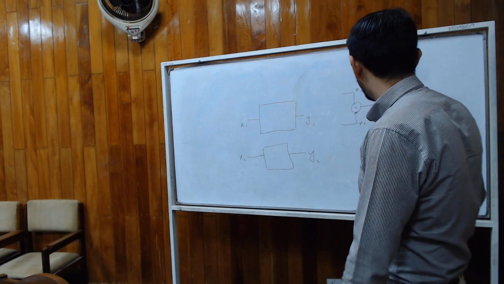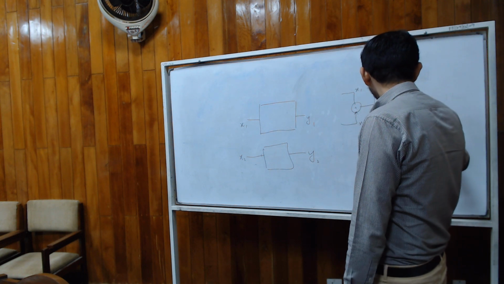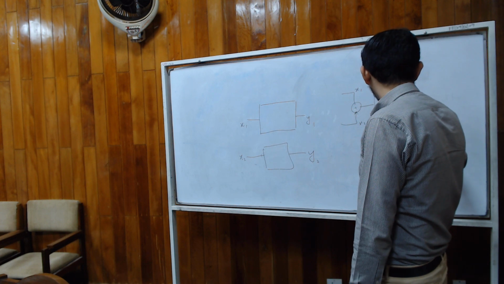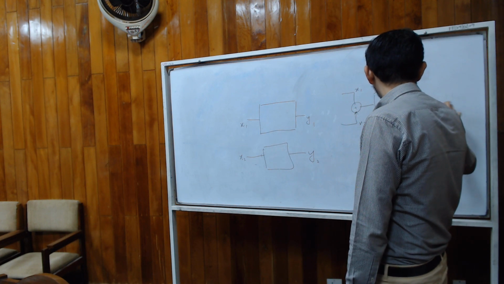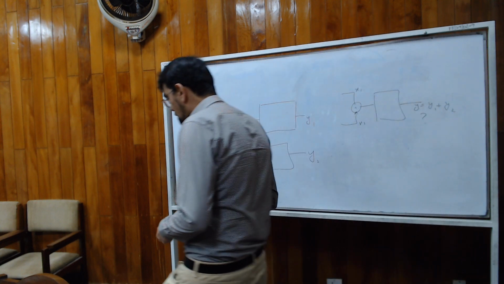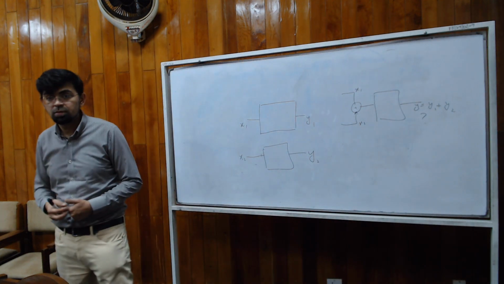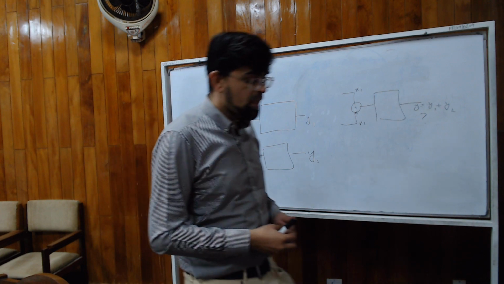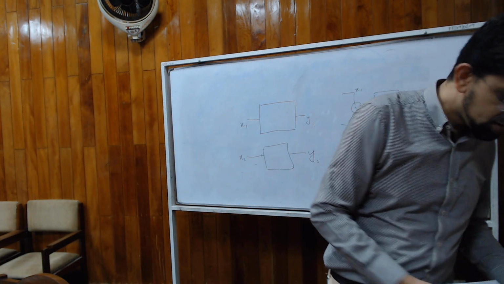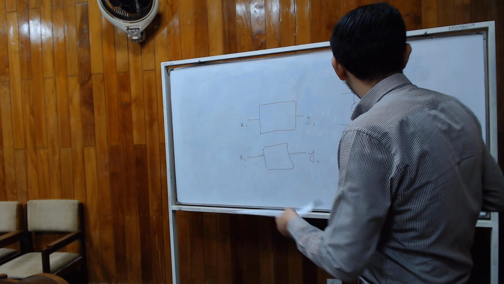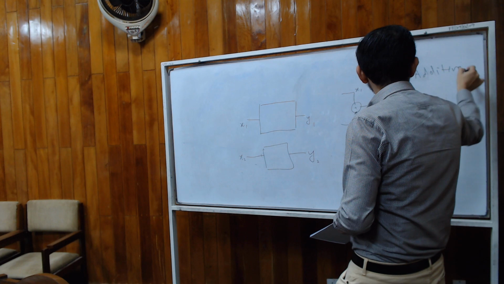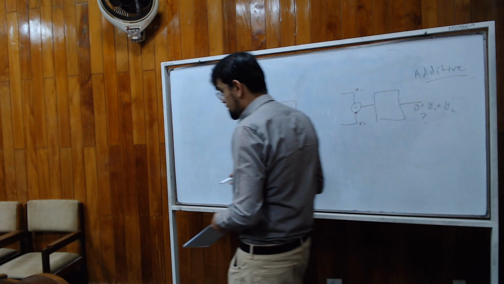And if it does that, then the output y, let's say the new y, is y1 plus y2. So if you sum the inputs, the outputs are summed. That kind of system we will call an additive system.